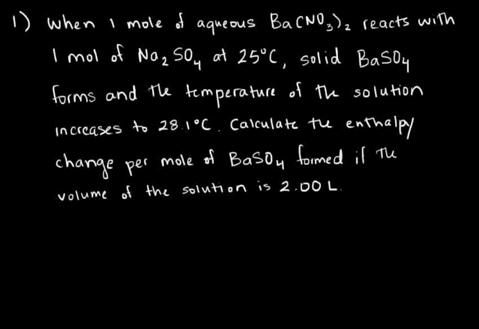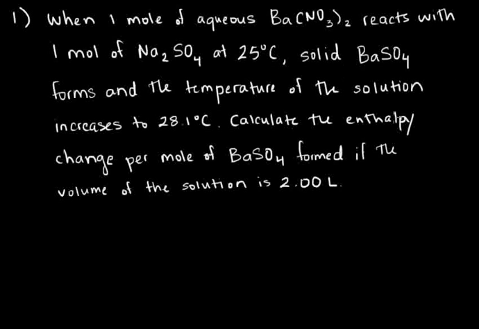Alright, this looks like a pretty crazy problem. There are a lot of different numbers here, 25 degrees Celsius, 28.1 degrees Celsius, 1 mole, 2 liters, but we're going to take it step by step. The first thing we want to do is figure out how much barium sulfate is formed. We need to figure out if we have a limiting reactant over here. So let's write our chemical equation.